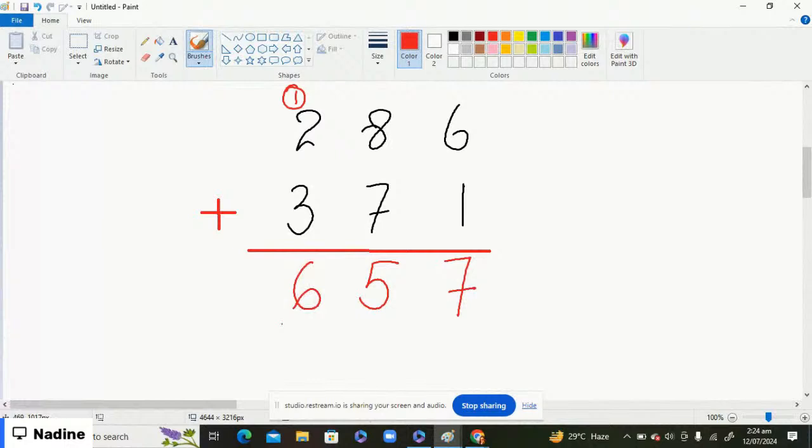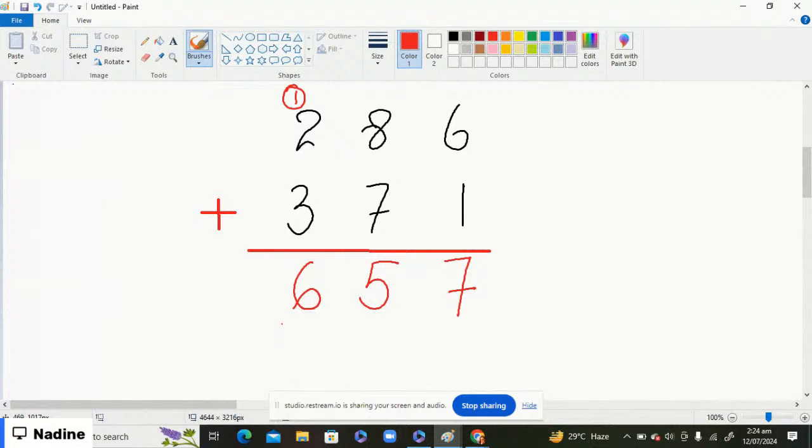Do you all have the same answer? Check it out, please, everyone. Solve it in your notebook, then see if you are getting the same answer.